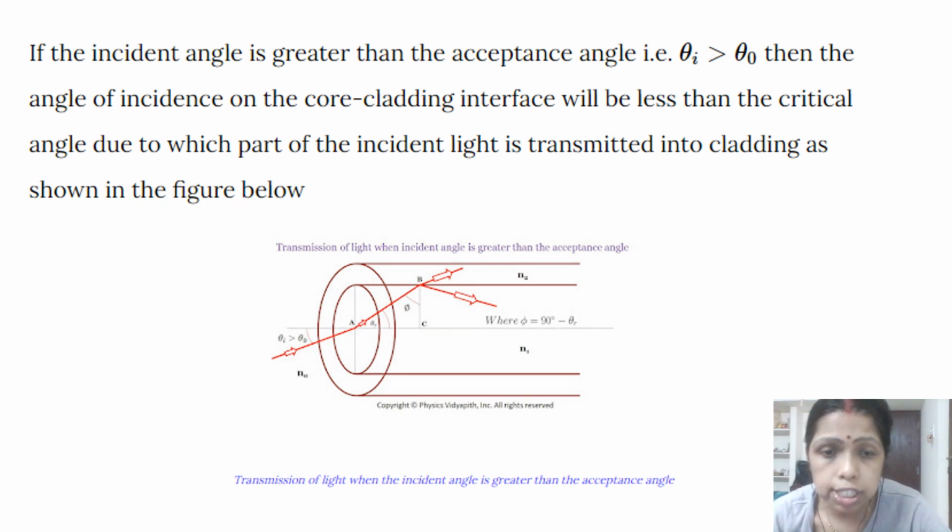So if it is incident in such a way that it hits the core and cladding, and if this incident angle is greater than the acceptance angle, then it may create a refracted ray when it hits the core and cladding. It should not happen.